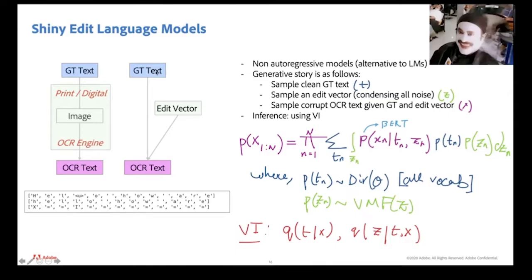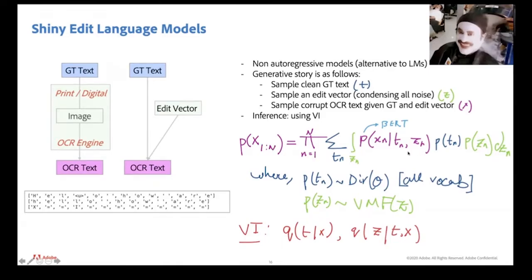And all we do is the generative model is as follows. We sample a ground truth text. We then sample an edit vector and apply that edit vector onto the ground truth text to get the OCR text, and inference is the reverse direction. So yeah, that is the generative story.